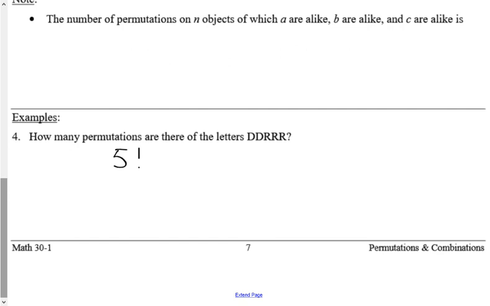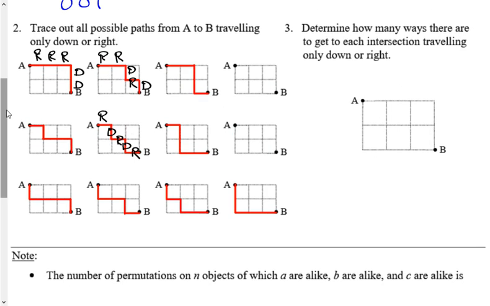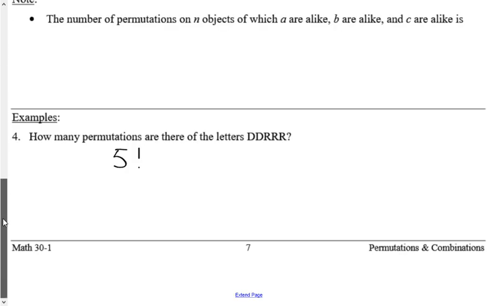But because some of these look exactly the same, the 2 D's I can't tell apart, the 3 R's I can't tell apart. Now, up here in the diagram, I could tell them apart visually, but in terms of summarizing with rights and downs, there's no difference to them.